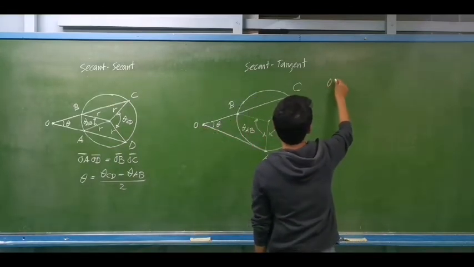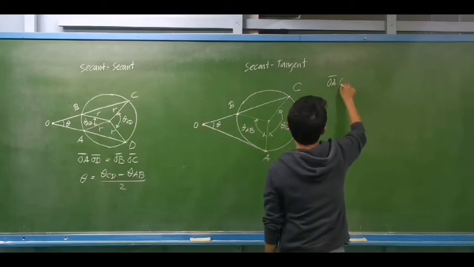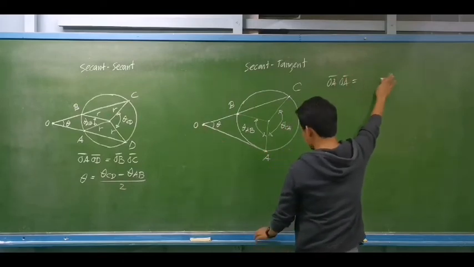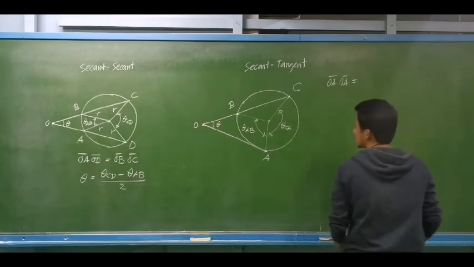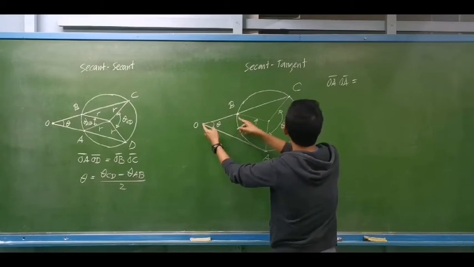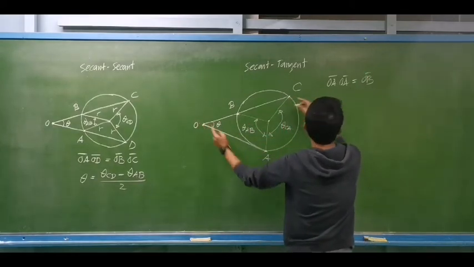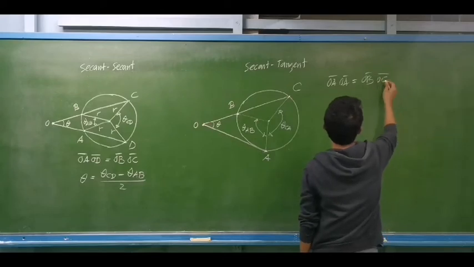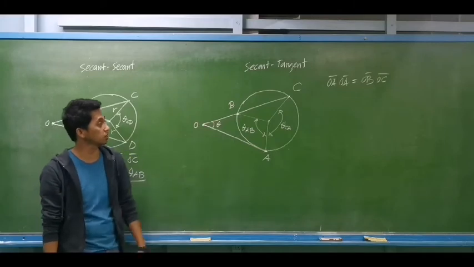OA times OA is equal to, pag secant naman, mag-extend siya, magsimula sa labas, distance OB times distance OC. So ito yung theorem when it comes to the tangent secant, yung combination ng dalawa.